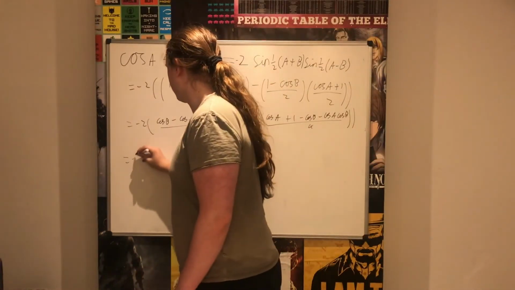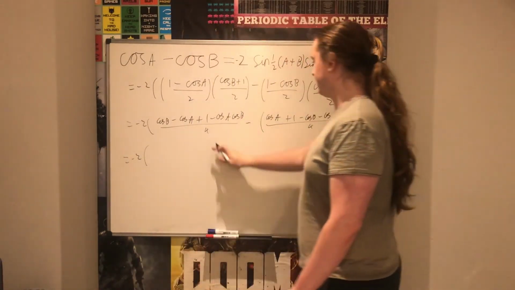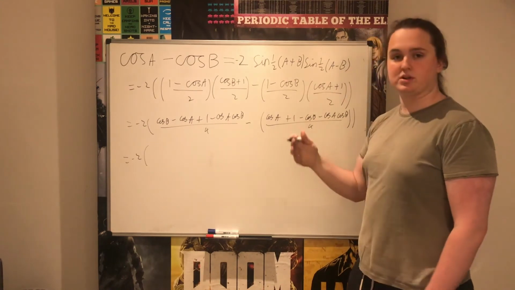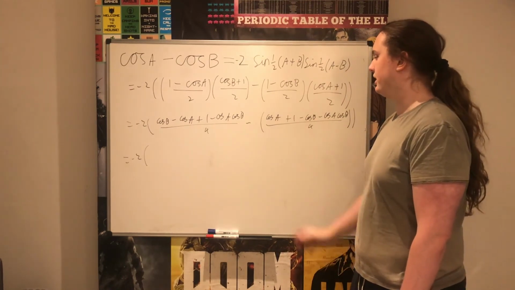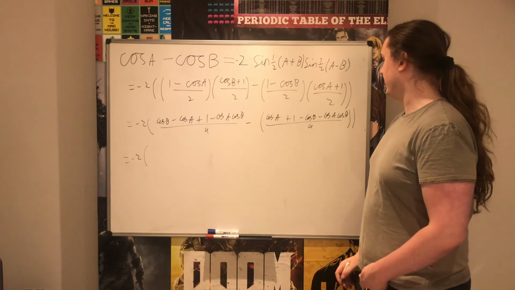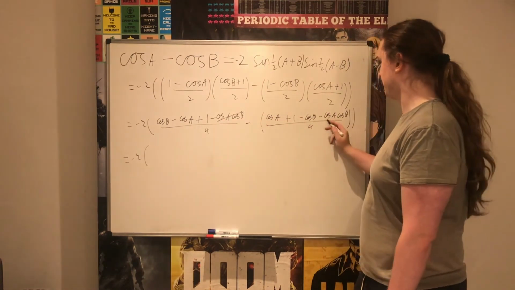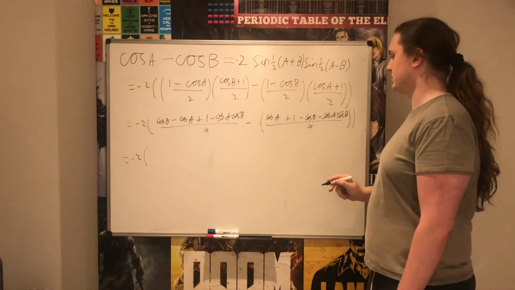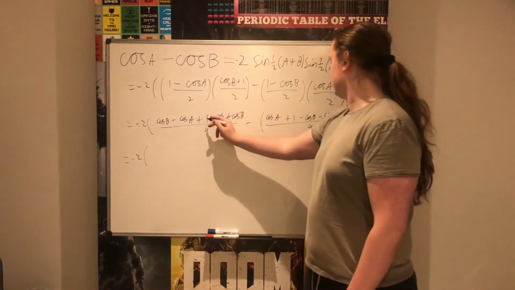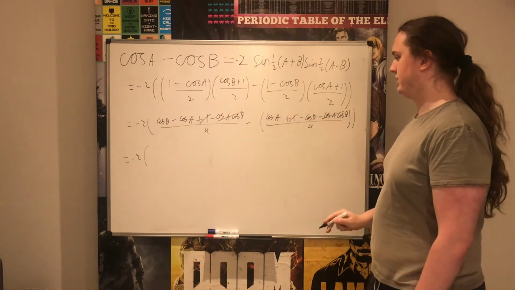And now, because the denominators are the same, we can just treat that as a common denominator, and then we expand this negative, and we see that we have a minus cos a cos b minus minus cos a cos b, which will cancel out, and we also have a 1 minus 1 here.